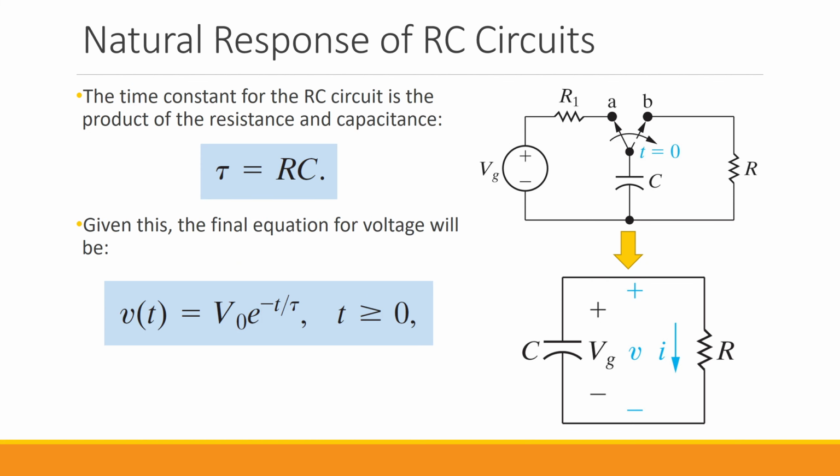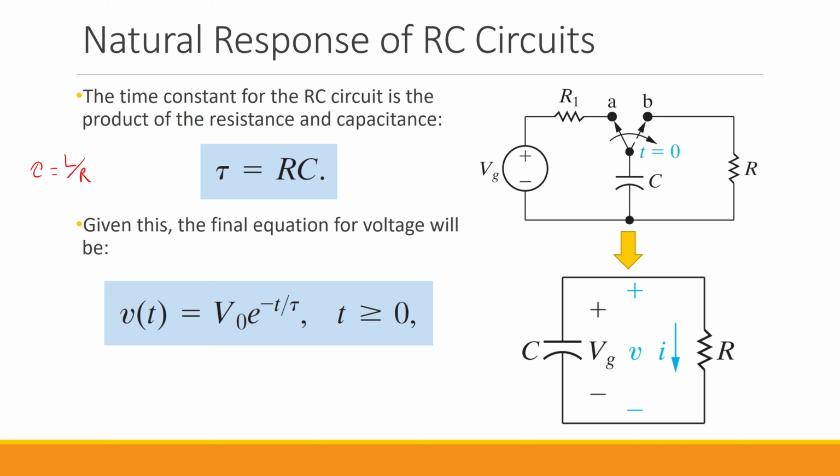But before doing that, let's just see what is different here as opposed to what we had for the RL circuit. For the RL circuit, we defined the time constant as L over R. For the RC circuit, the time constant is R multiplied by C. Their meaning is exactly the same.